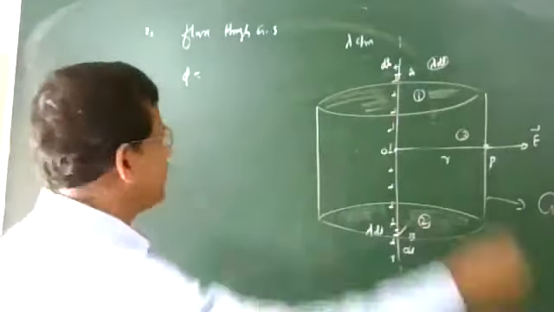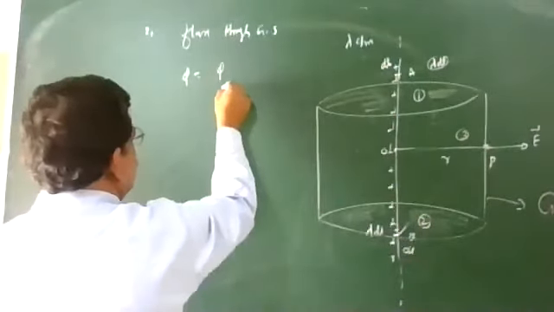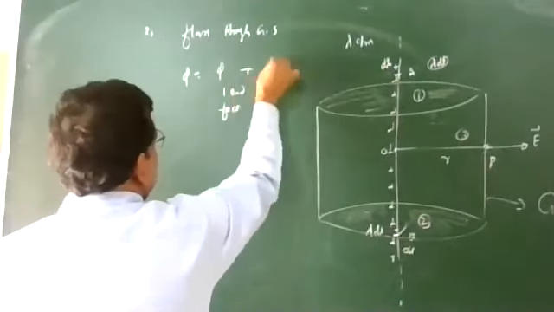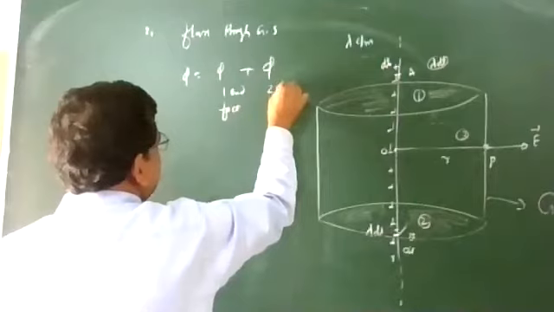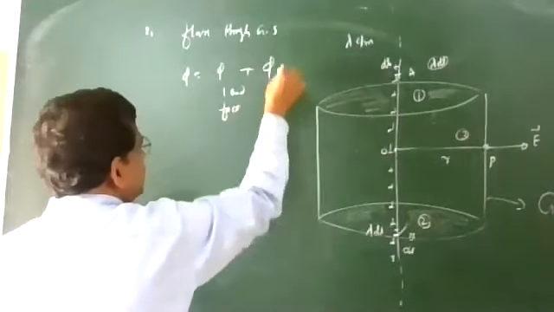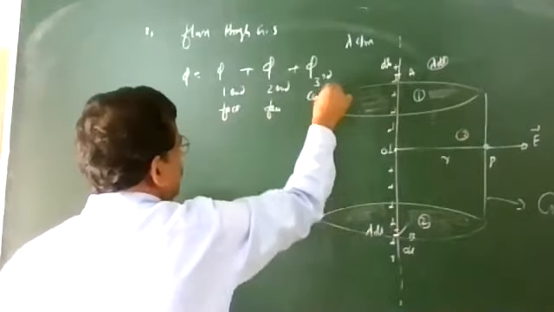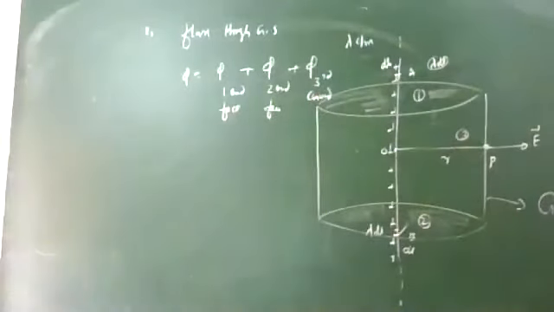We find that out. So I'm writing here the flux through the first end face, plus the flux through the second end face, and the flux through the third, which is the curved surface. In all the cases, we have to find E dot dS.